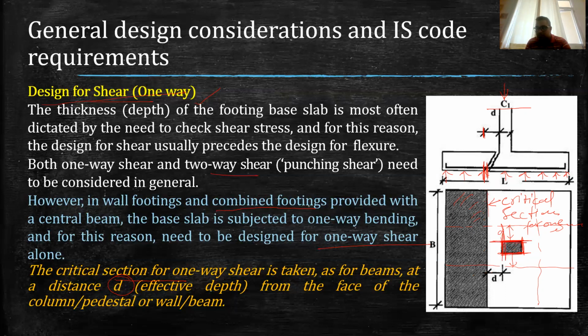So if we consider the shorter face, this face is also considered. Shear force at this face and this face will be the same. Similarly, shear force at this face and this face will be the same. So this is how we find the one-way shear in case of the foundation.